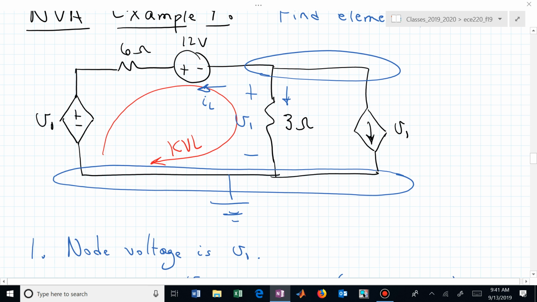Then I want to go through that 6 ohm resistor from left to right. What's Ohm's law tell me that voltage is in terms of 6 and I sub L? It's minus 6 I sub L plus 12 plus V1.